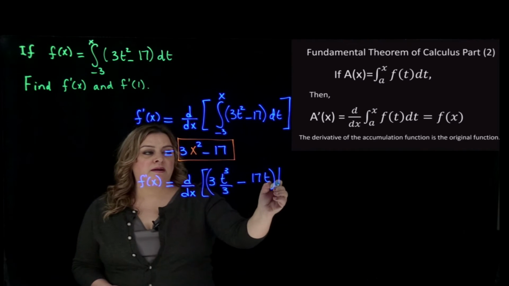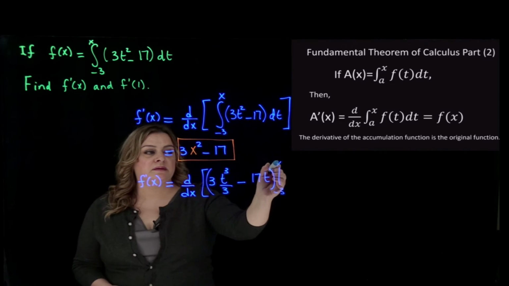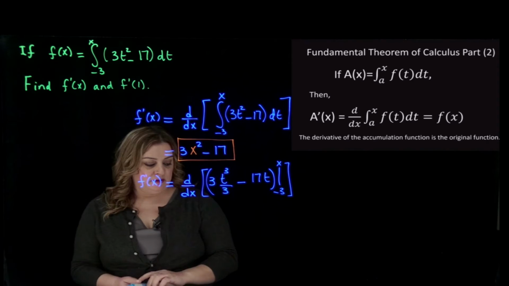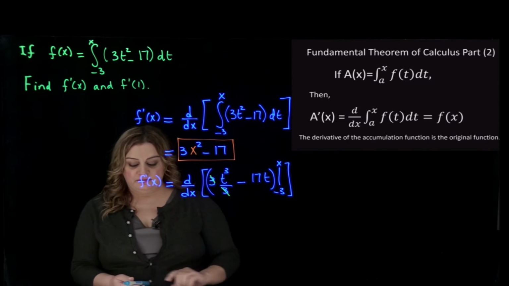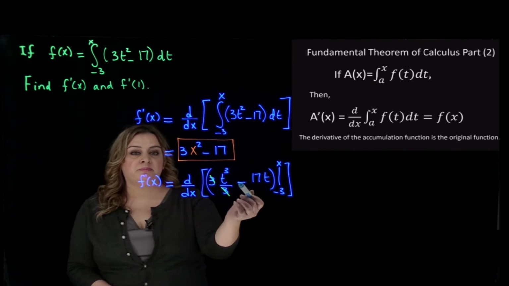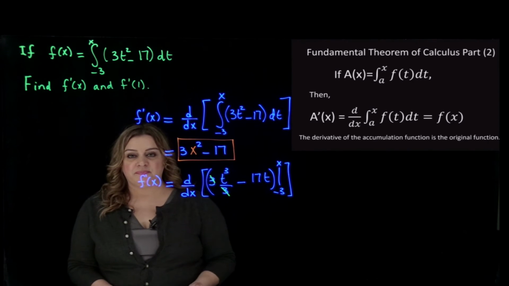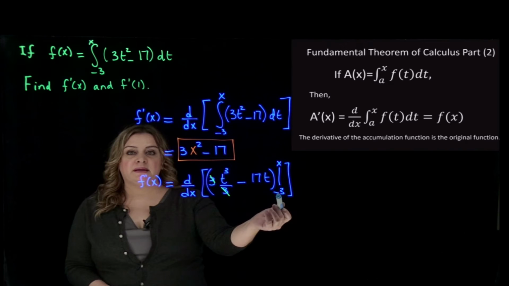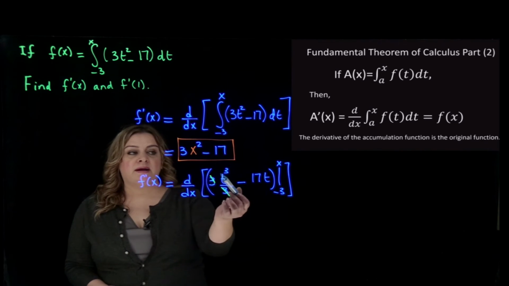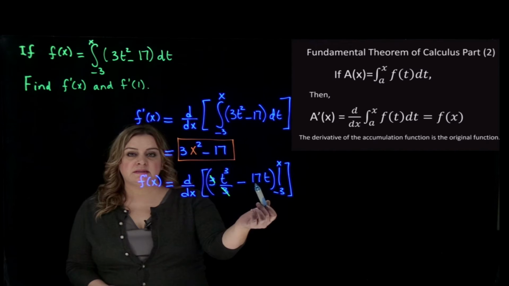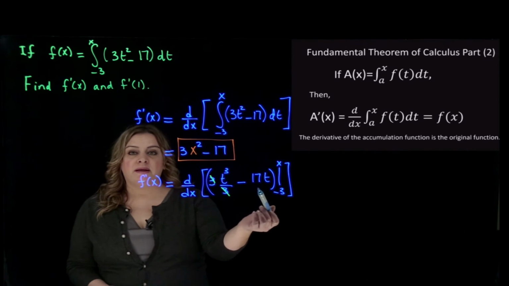And we want to evaluate this from negative 3 to x. Notice that the 3 here will simplify, and we're left with t cubed minus 17t. To evaluate from negative 3 to x, we will apply part 1 of the fundamental theorem of calculus, which says to evaluate the function first at b minus the function evaluated at a.